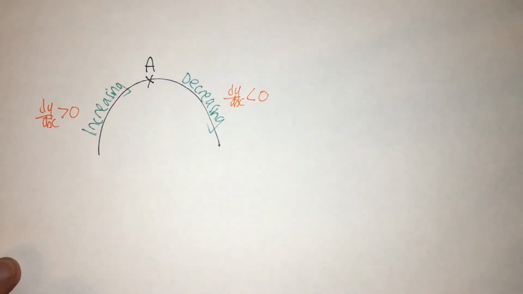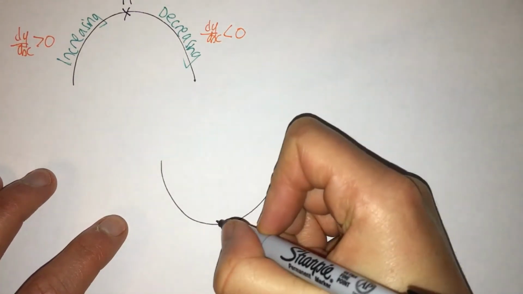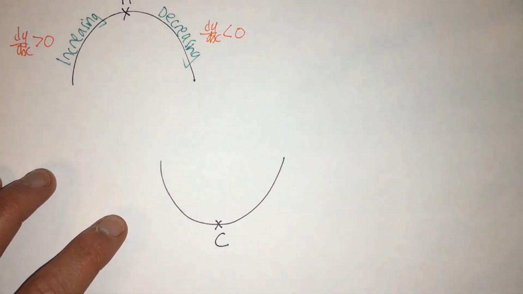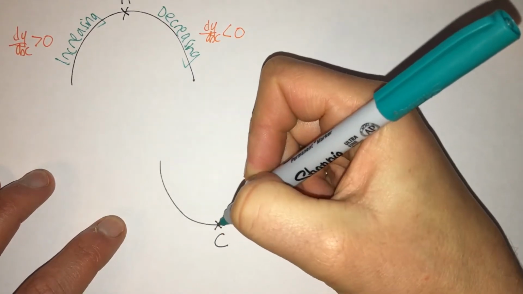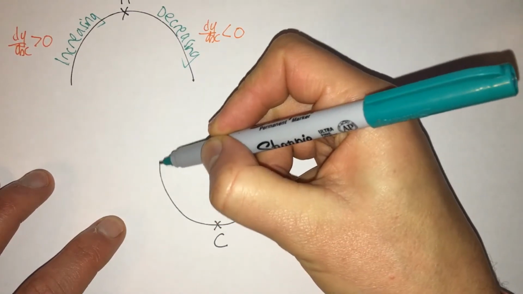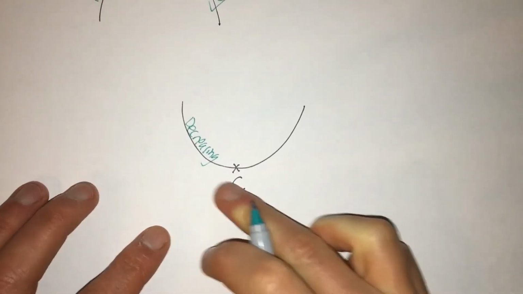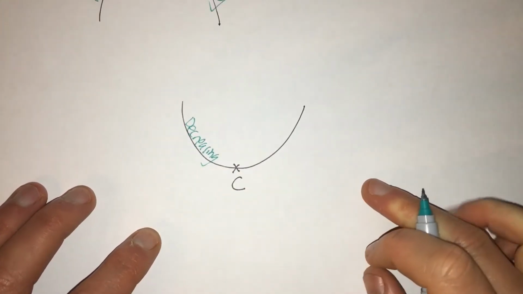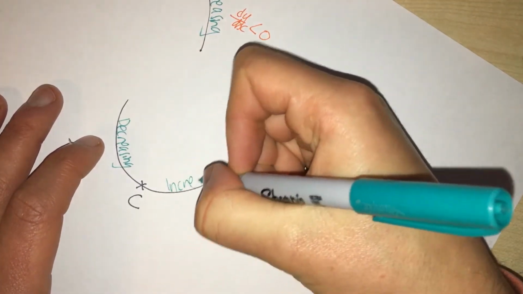If we take point C, we've got that shape. We'll mark it on. There it is. And again, before point C, the gradient is going to be less than 0 because it's a decreasing function. At point C, the gradient of the tangent is 0, and then afterwards we've got an increasing function.